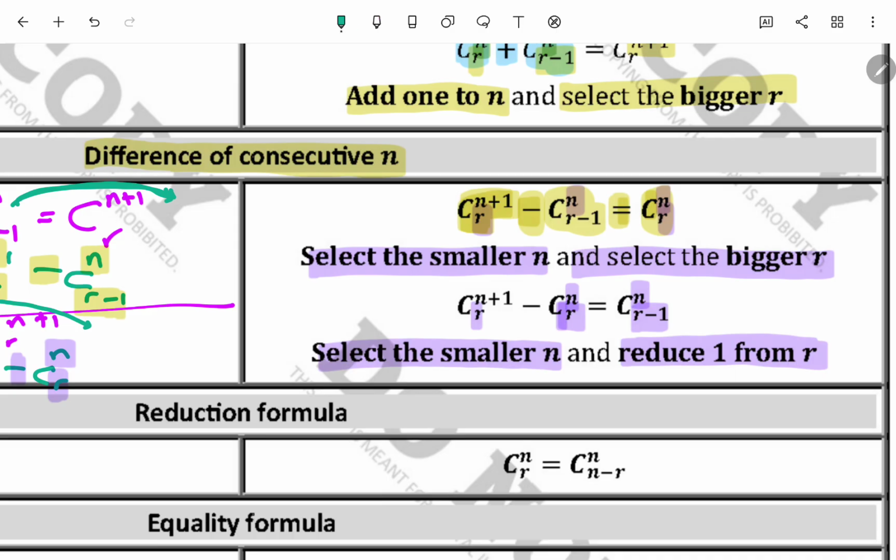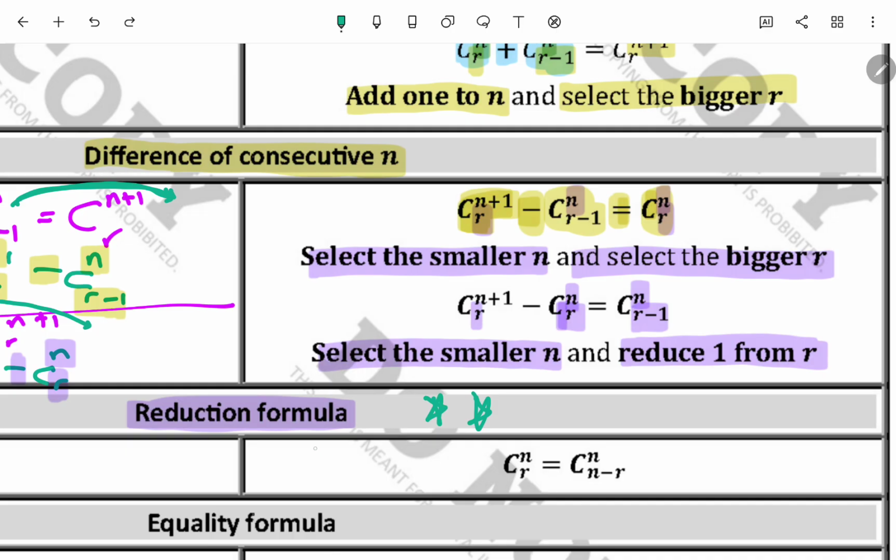Now, we have the most important rule, which is the reduction. Take care about it. Reduction formula, which can reduce the value of r if it is that big.